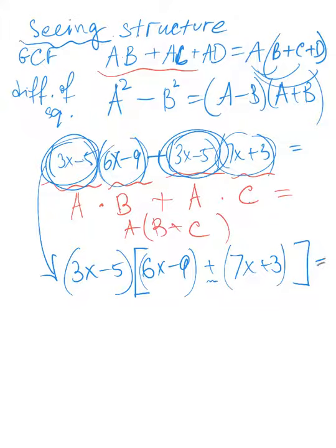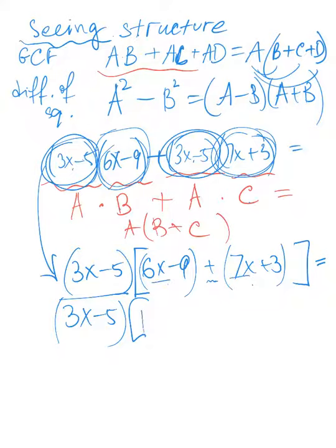So once you notice that 3x minus 5 is a common factor, you pull it out, leaving 6x minus 9 and 7x plus 3. This is your B and C that you combine. Now you can just finish simplifying. In brackets, you have 6x plus 7x, 13x, minus 9 plus 3, minus 6, and you're done.